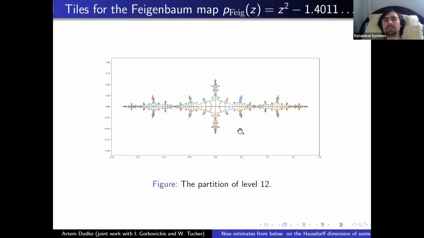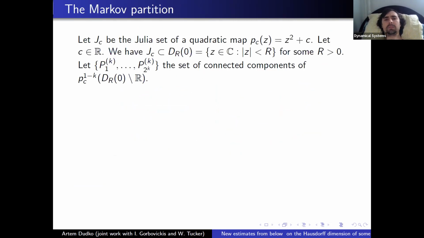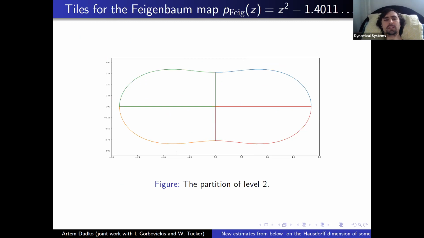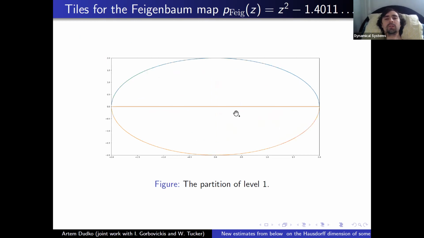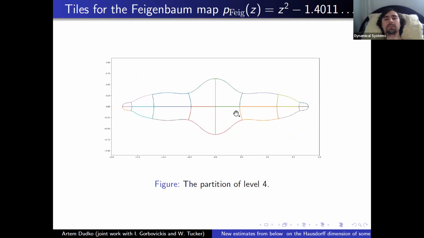It seems that I don't have a picture. But basically, we always have 0 on the boundary of 4 tiles.